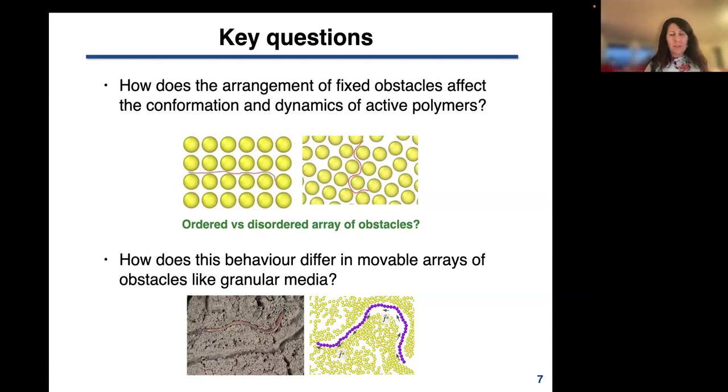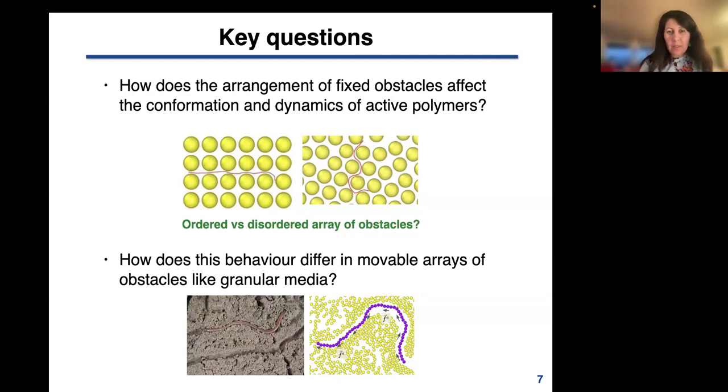It's circular because it's very simple, and we just look at how it differs from ordered to disordered. In the next step, we can modify more. We still stick to 2D systems, but we allow obstacles to be moved by the active filament, and that's an example of, for example, a worm moving on soil.